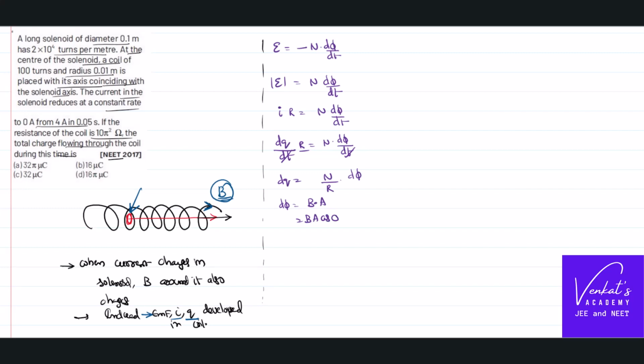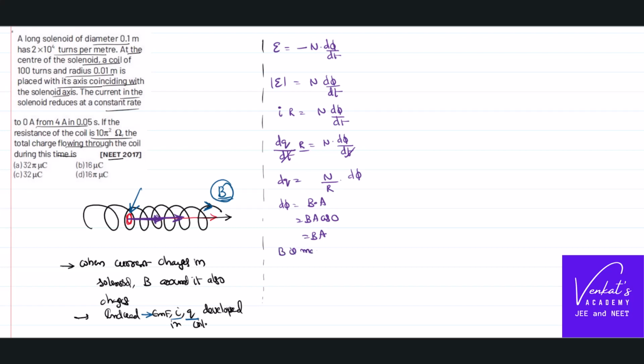Why? Because the magnetic field and the area of the exposed cross section of the coil are in the same direction. The magnetic field is in this way as the current is passing inside the solenoid, and the area of the cross section is also along the same line. So that is equal to BA.